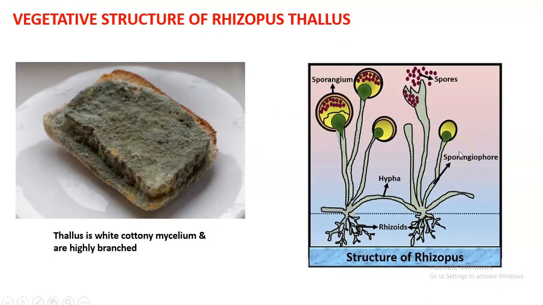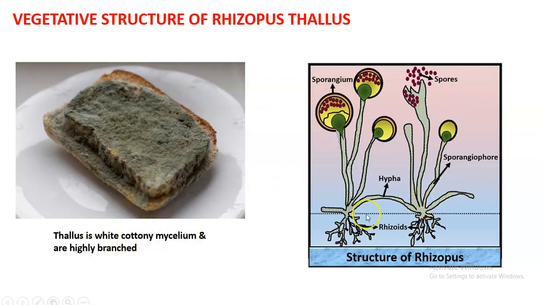Now, the vegetative structure of the Rhizopus thallus. You can see this matty appearance on the surface of the bread. So the thallus is a white cottony mycelium. I'm sorry, it is not a colony, the thallus is a white cottony mycelium. It's like a cotton mat, and is highly branched.